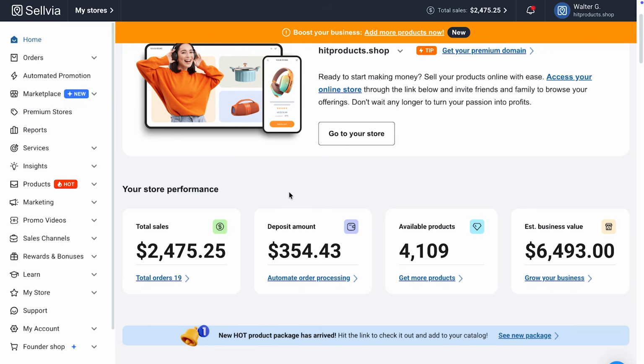You also have estimated business value. Business value is useful to know because recently Sellvia opened up Sellvia Marketplace. You can see that right here. Sellvia Marketplace is where you can buy businesses that are already running and already profiting, and soon you'll be able to sell your own business there for high ticket value.